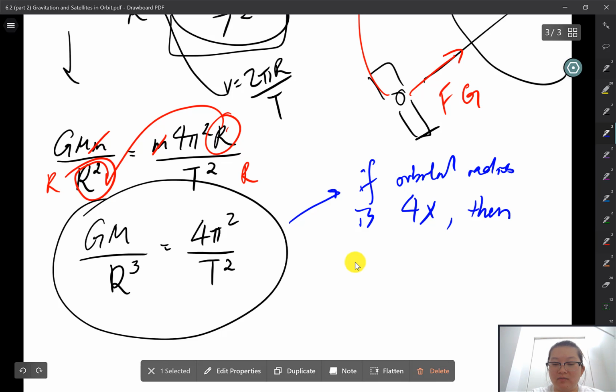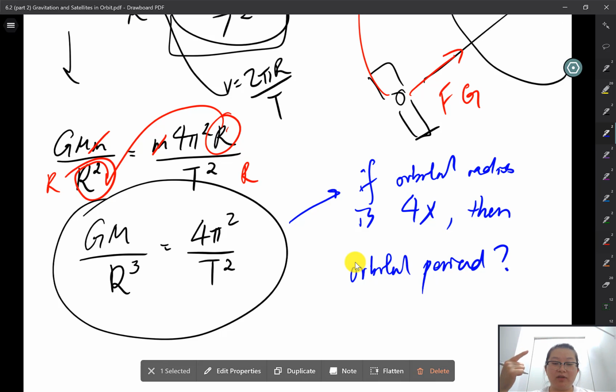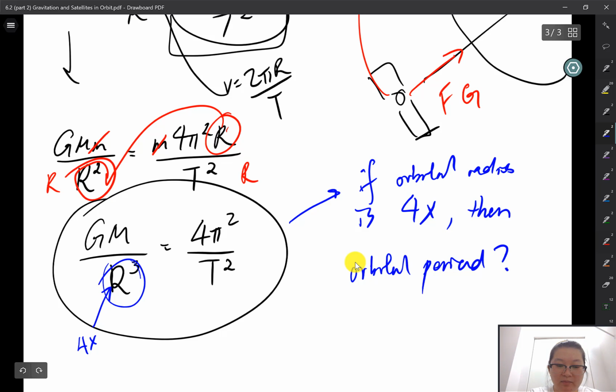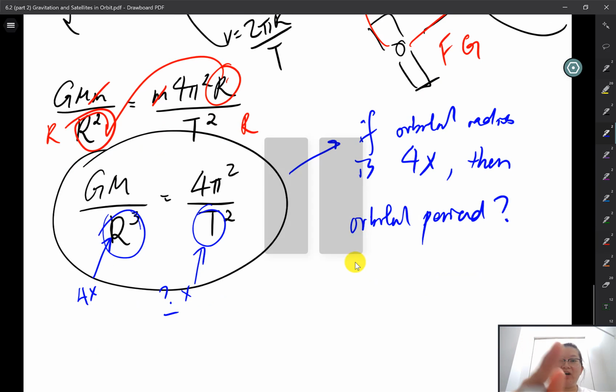What happens to the orbital period? This orbital radius is going to be multiplied by a factor of 4. If this is multiplied by a factor of 4, then by what factor does your orbital period increase? That's the question. Good time to pause the video.